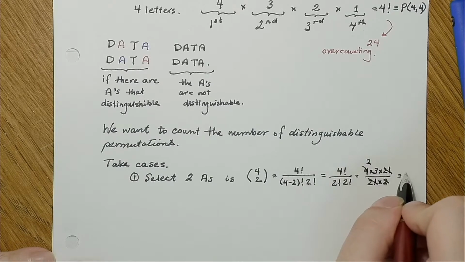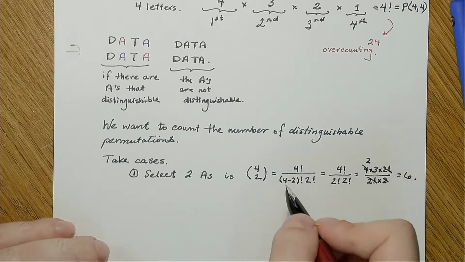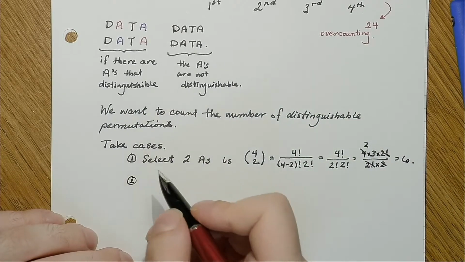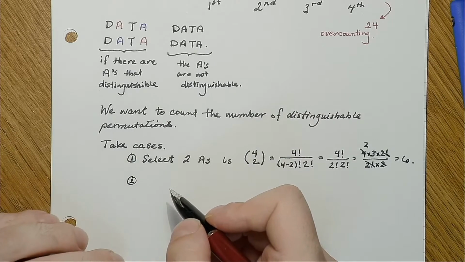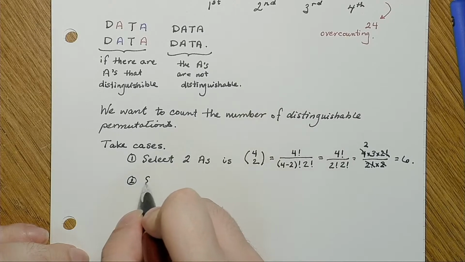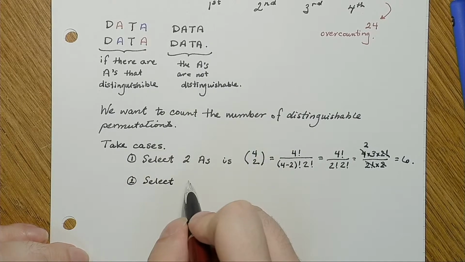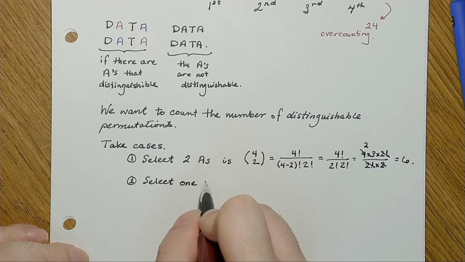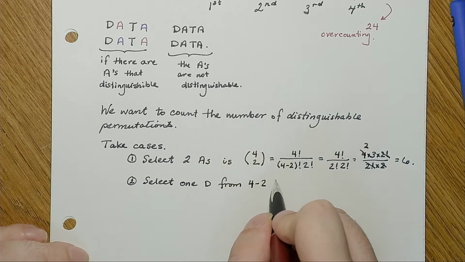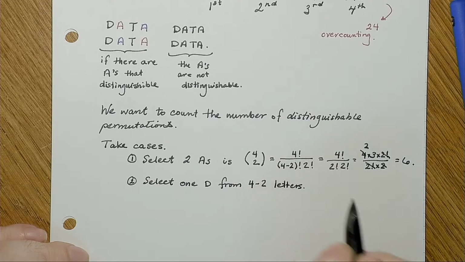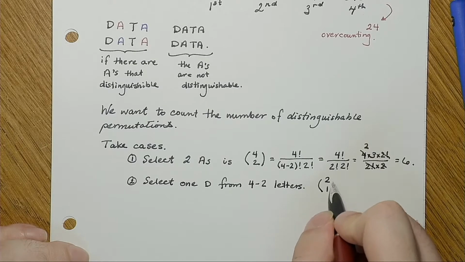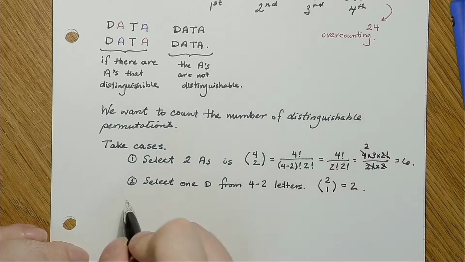So I'm left with 2 times 3, which is 6. The number of ways to select 1 D from the remaining 4 minus 2 letters is 2 choose 1, which means that's 2.